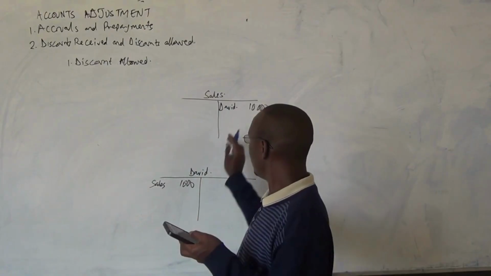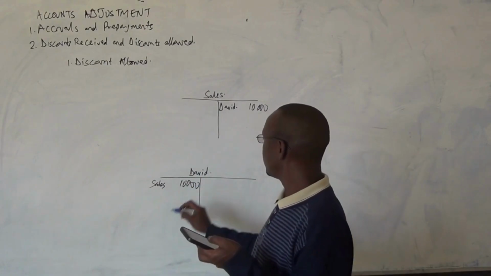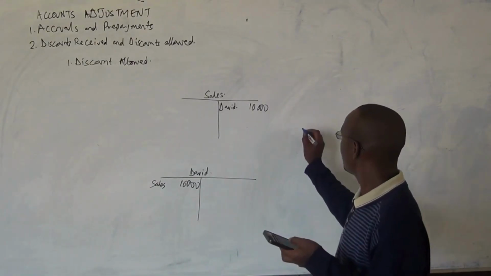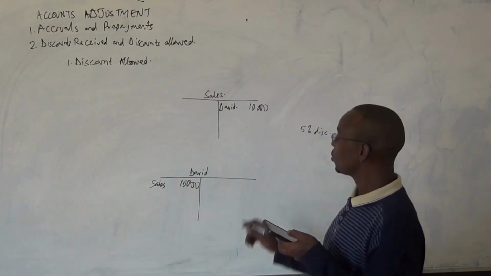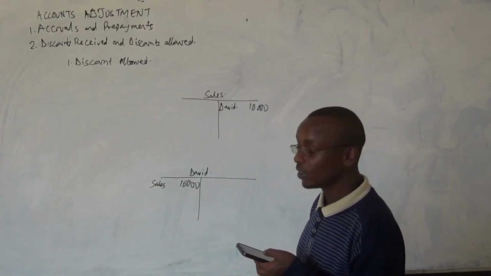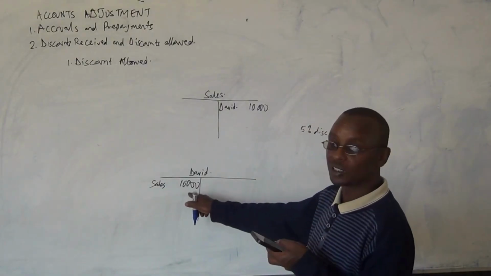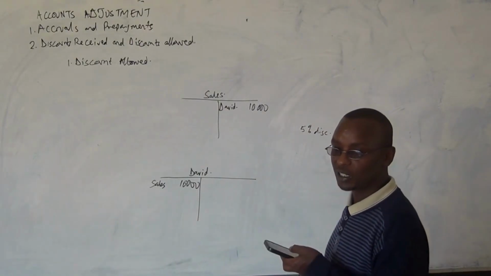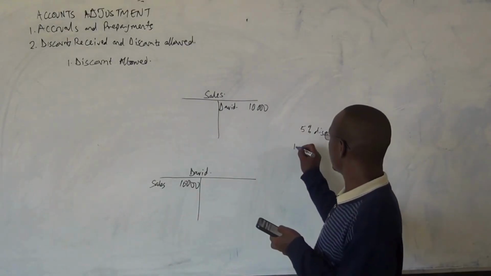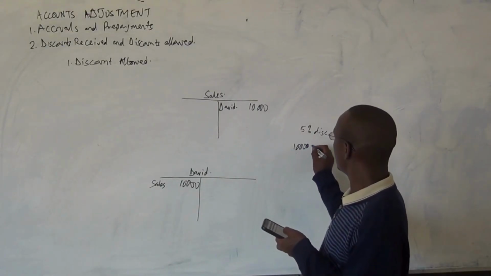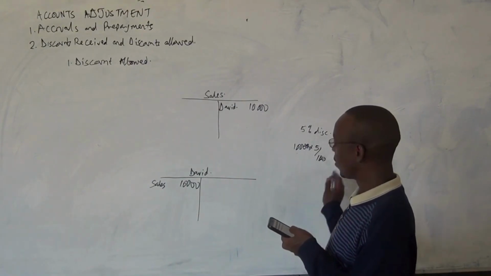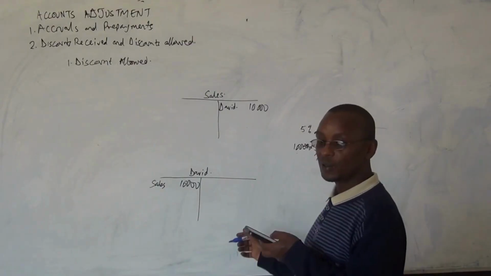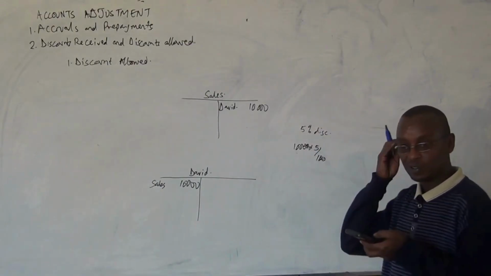But in the invoice, you have told him that you have given him 5% discount. So it means the amount that you're charging him is not 10,000. It is 10,000 times 5%, which is 500. He has to pay 9,500.